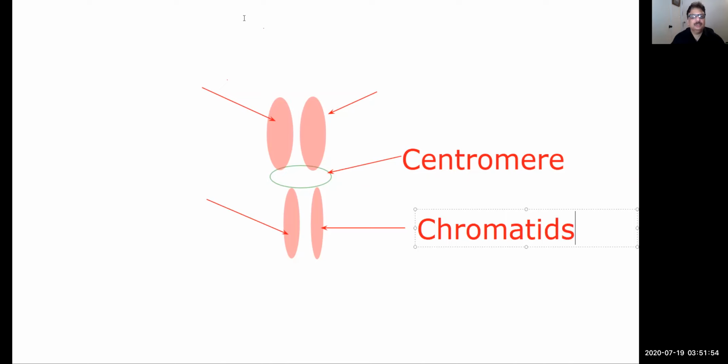Now, let's say this is chromatid A. This is the extension of A on the other side of the centromere. This is A prime, A dash.